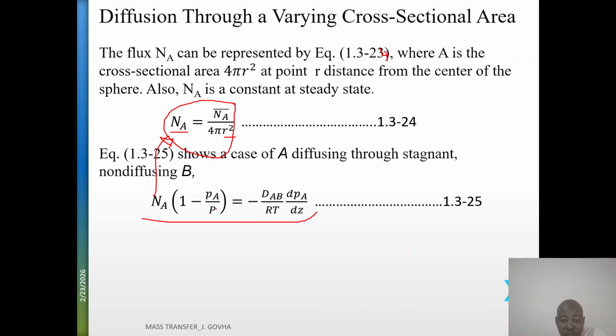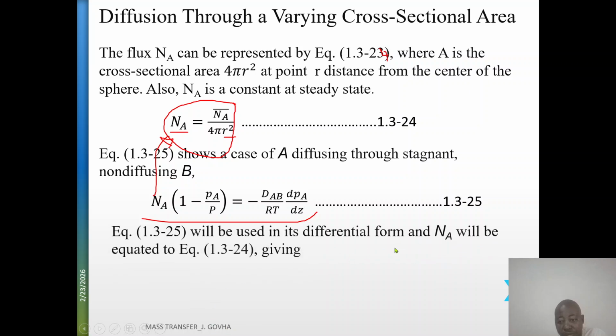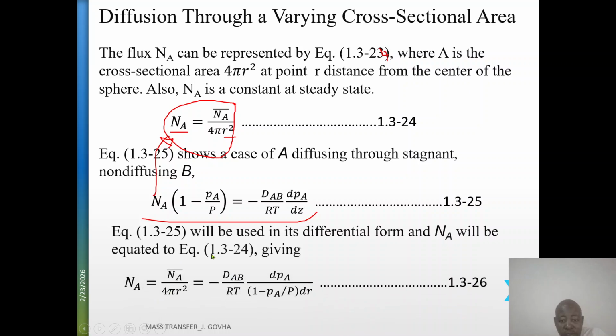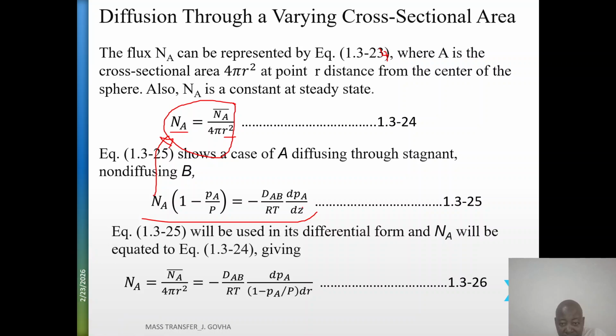Then we see how to integrate that. Right, so this is the equation we have, and for our distance there, instead of dz, we make use of dr.